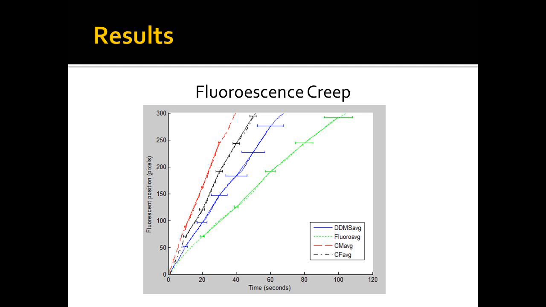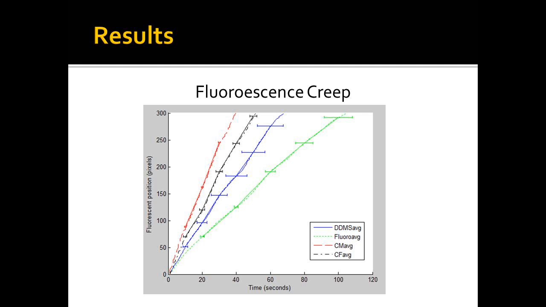Now, because the fluorescence creep is faster or slower, that can indicate how much dye is being absorbed, or the rate at which it progresses indicates how fast the dye is leaving the sample, or how much dye is leaving the sample.